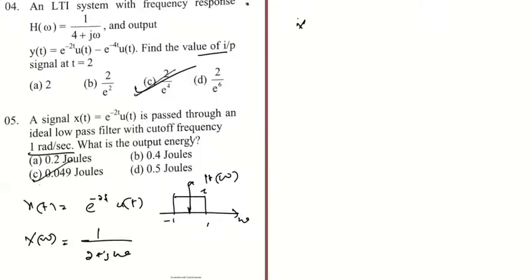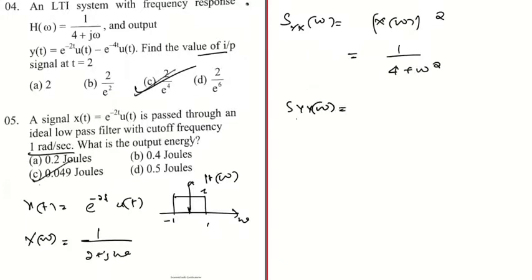So power spectral density of our input, S x of omega, equal to modulus of X of omega the whole square, that is equal to 1 divided by 4 plus omega square, and the power spectral density of the output is power spectral density of the input into H of omega the whole square.